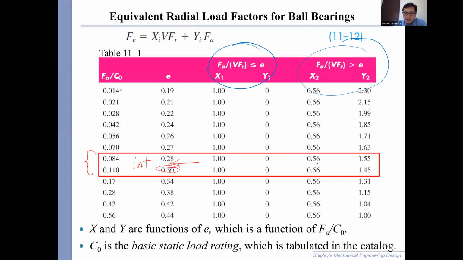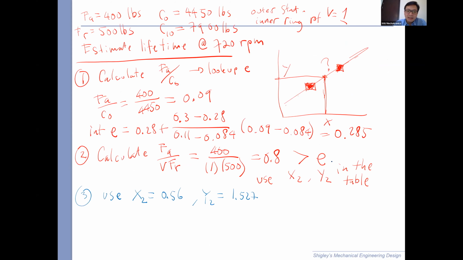Now this is x 0.56, you don't need to interpolate, but y2 you do need to interpolate, right? Because they're different. And our FA over CO falls in between this table. So unfortunately, you do need to interpolate here. Not much choice. So this is interpolation.